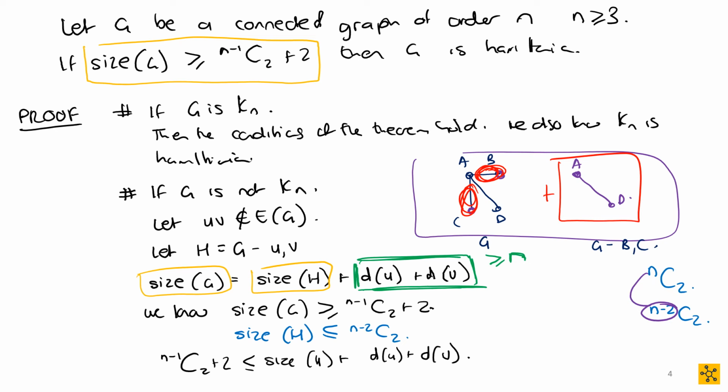So when we replace the size of H with n minus 2 C2, we can say n minus 1 C2 plus 2 minus n minus 2 C2 is going to be less than or equal to du plus dv. And now we get to just play around with substituting in our combination formulas and hope that it shows us that it's greater than or equal to n.